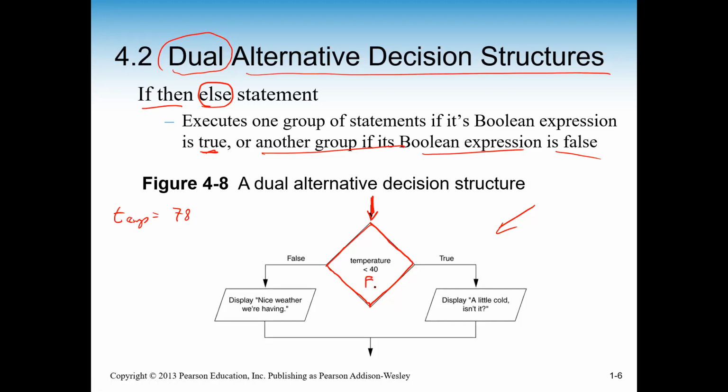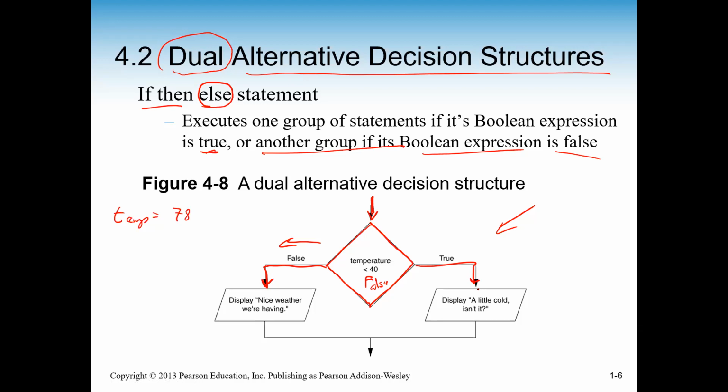So it evaluates to false, and therefore you're going to go in that direction, so you're going to execute that. If it were true, 30, for instance, less than 40, true, then it would go in this direction. And it only goes in one direction, so it's one or the other, right?